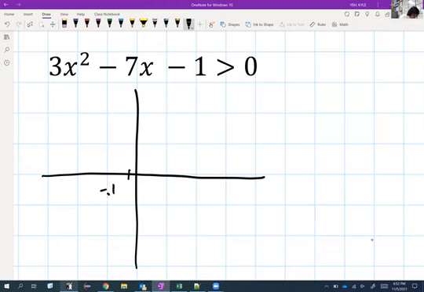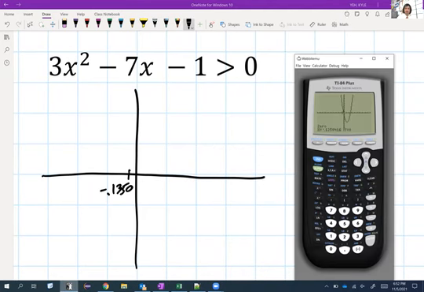Negative 0.1350 apparently is a root. Probably wouldn't have figured that out just by looking at it, by guessing, but that's where the calculator comes in handy. Let's find the other root. So I'll say calculate the other zero.